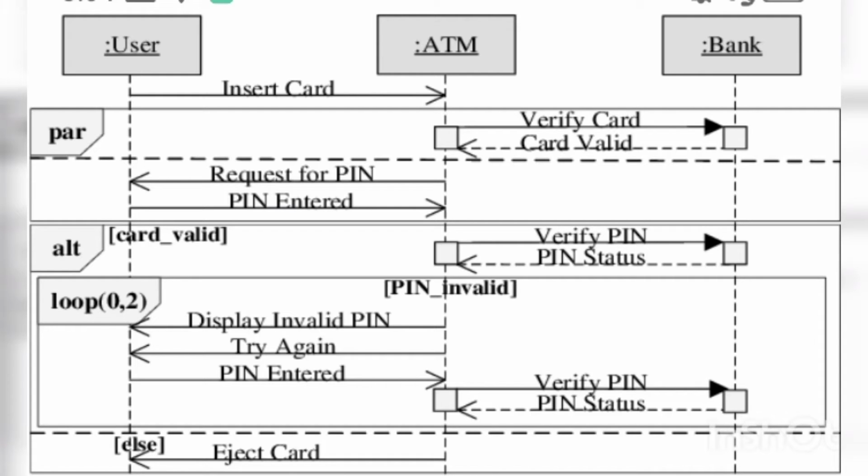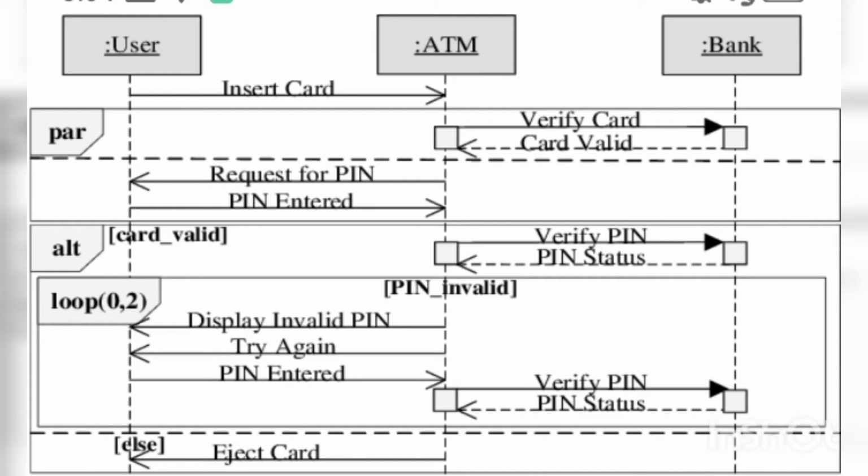So we have timelines that are depicted in dotted lines for each of the objects. It is growing downwards, and it is represented in dotted lines. We have activation boxes that are like small boxes represented in between the lifelines.